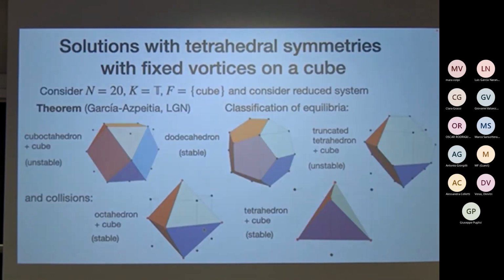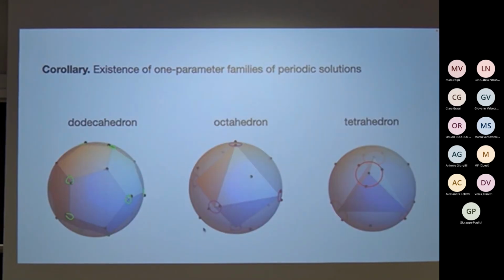So here again, we classify the equilibria. You have this cube of points which is fixed, and I tell you exactly what the remaining 12 vortices do and which ones are stable, which are unstable, which again give you one-parameter families of relative solutions.